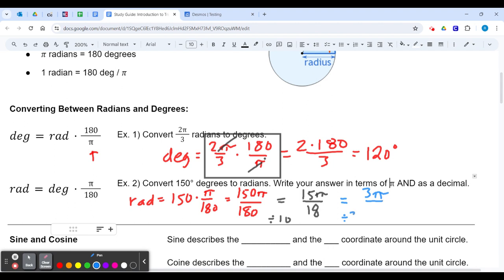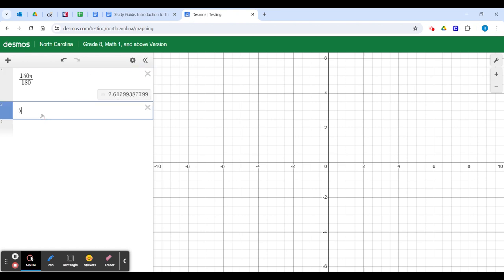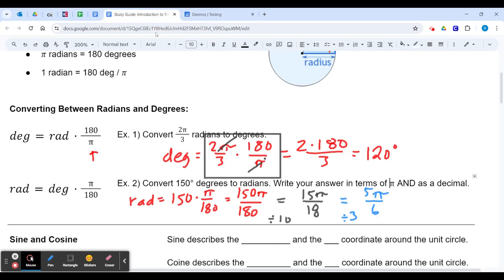I can divide out a 3 to get 5 pi over 6, and that gives me that final answer there. So 5 pi over 6, let's just double check, see if that gets us the same thing our original did. 5 pi over 6, boom, 2.62. And so if we want to write our answer in terms of pi and as a decimal, we can go 5 pi over 6 or 2.62 radians.